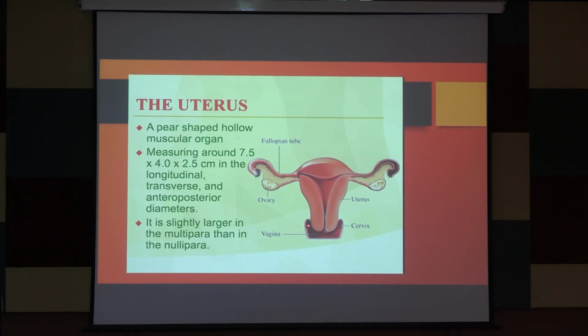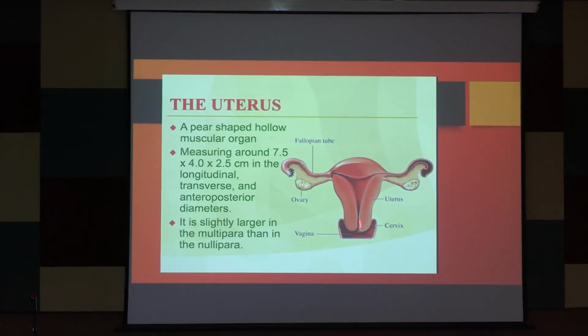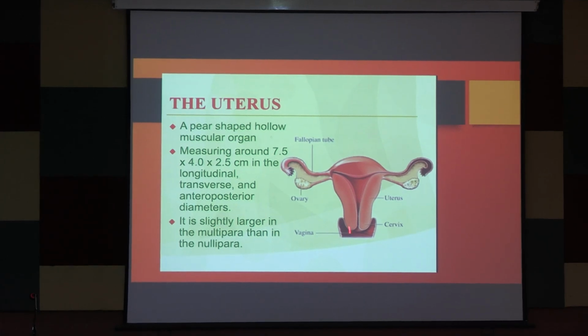This is the external os, from the cervix up to the fundus. The length is about 7.5 centimeter. So the inner part, from external os to the fundus, will be 0.5 to 1 centimeter less, 6.5 or 7 centimeter.